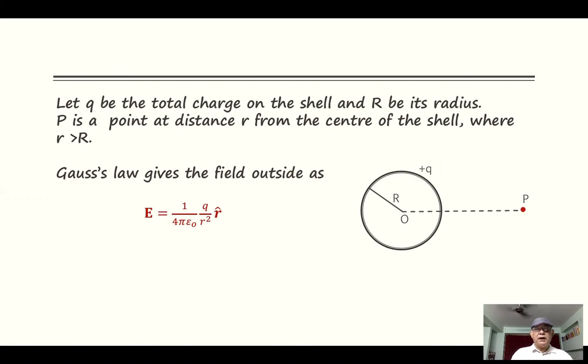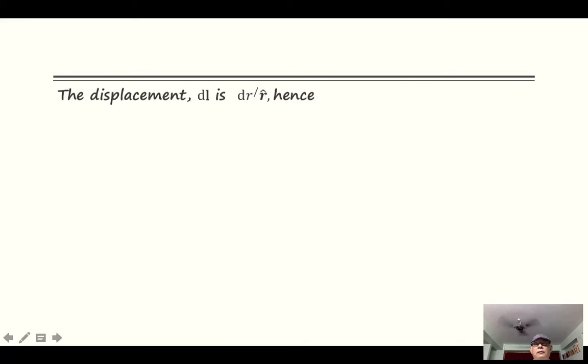1 by 4 pi epsilon naught Q by r square into r cap. And the potential at P is minus integration infinity to r, E dot dl. The displacement dl is dr dash r cap.